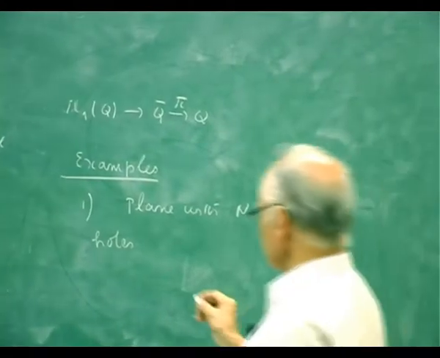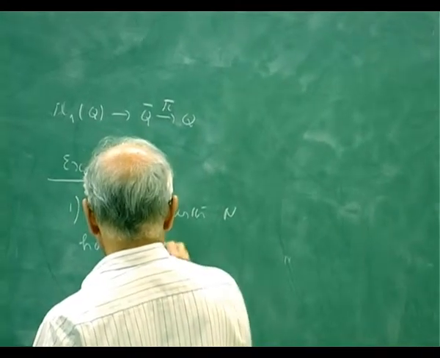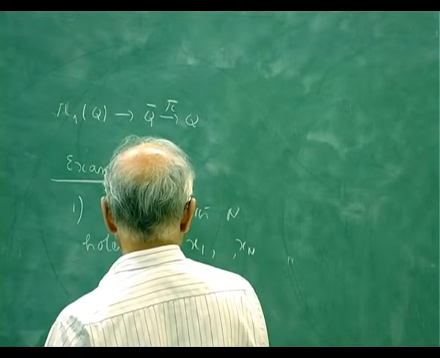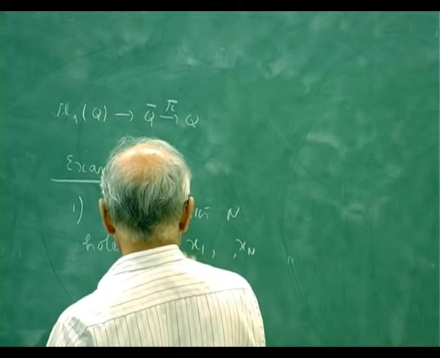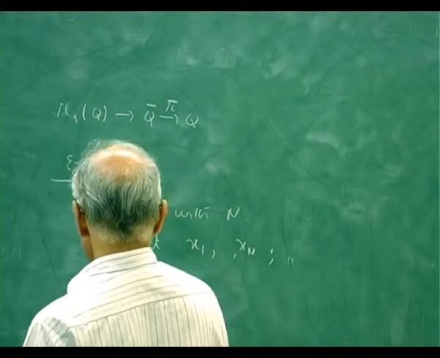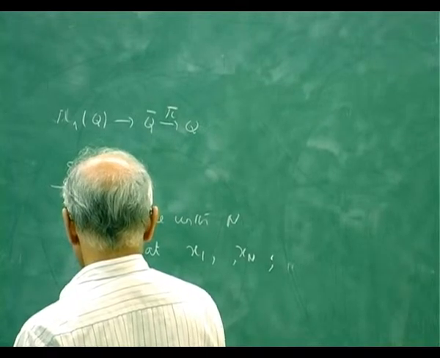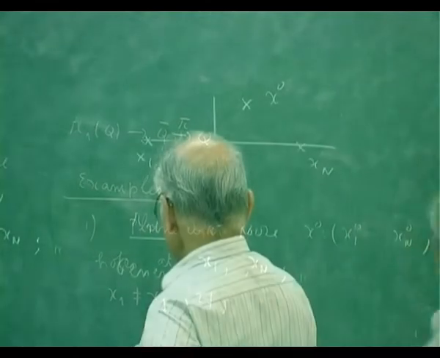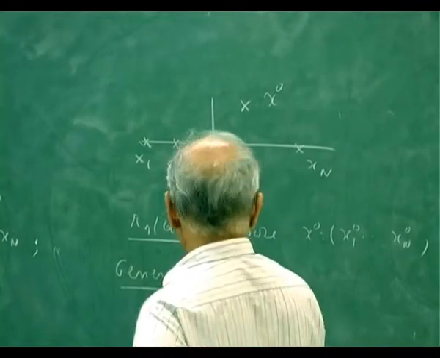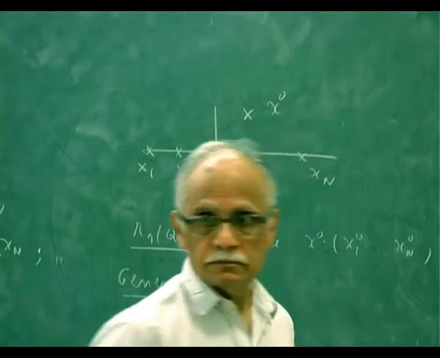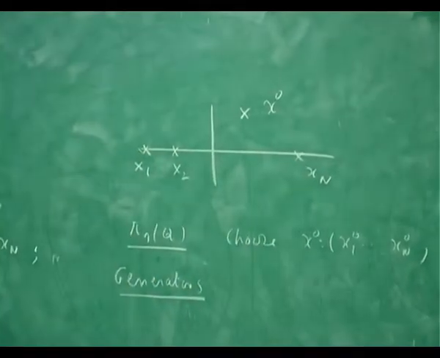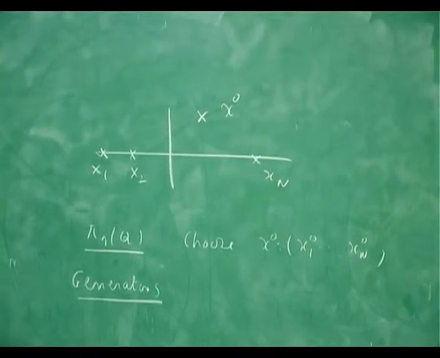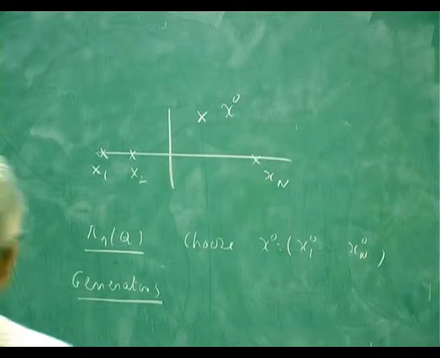So it's a plane with holes at x1 up to xn. And these holes are positioned here, whereas no two holes coincide. This x0 does not represent a hole. X0 is not a hole. It's a point in the complement.